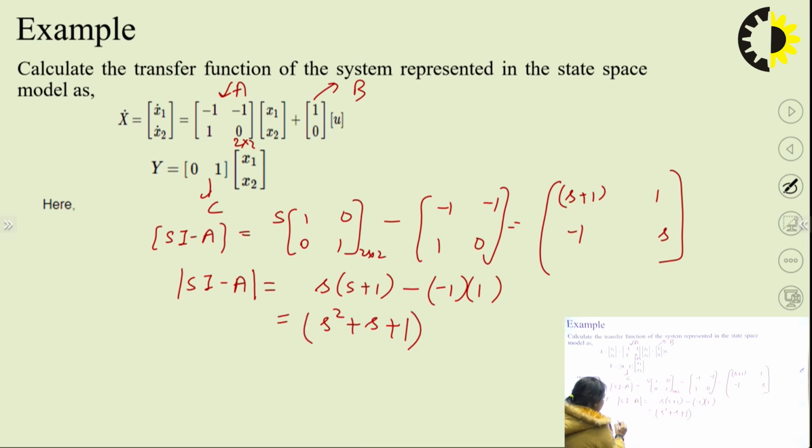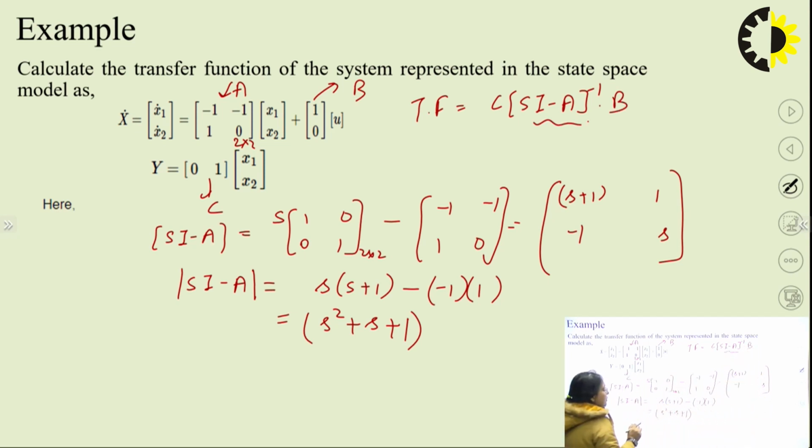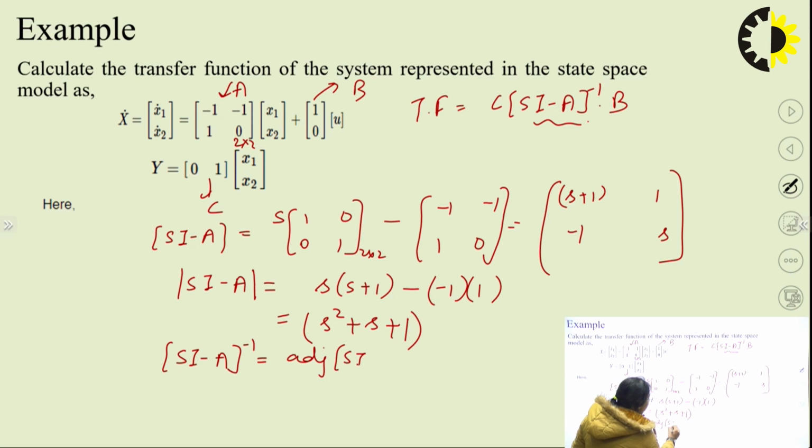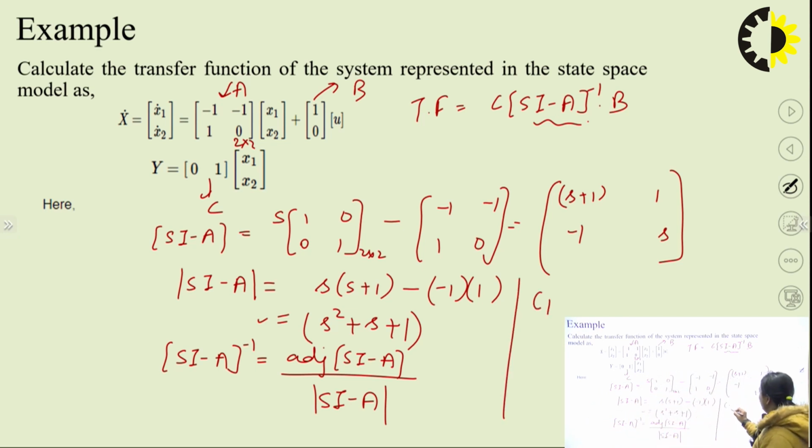Now I have to find out the transfer function. Let me write down the formula for the transfer function here: C into (sI minus A) inverse into B. First of all I am working on (sI minus A) inverse. The formula is the adjoint of sI minus A upon the determinant of sI minus A. So the determinant we have got, and now to find the adjoint of sI minus A, I am working on it here.